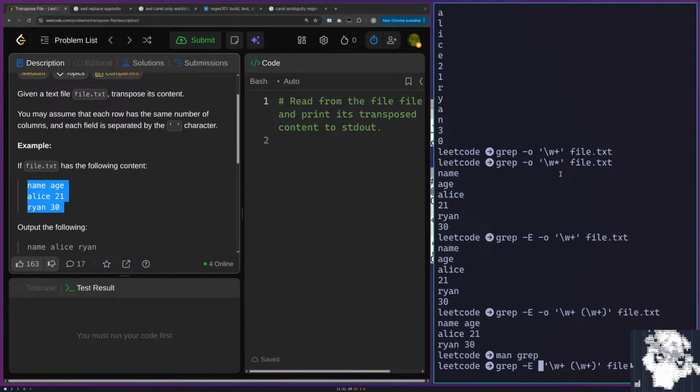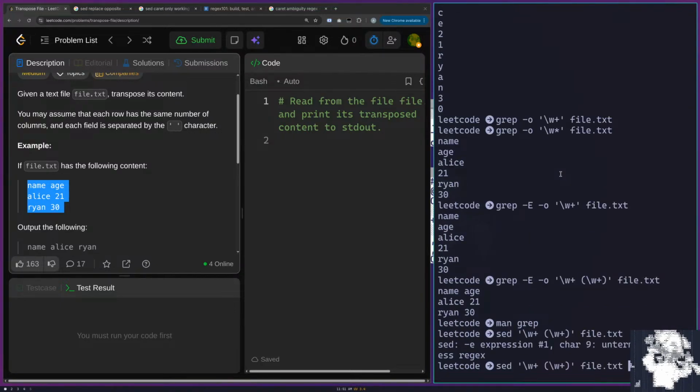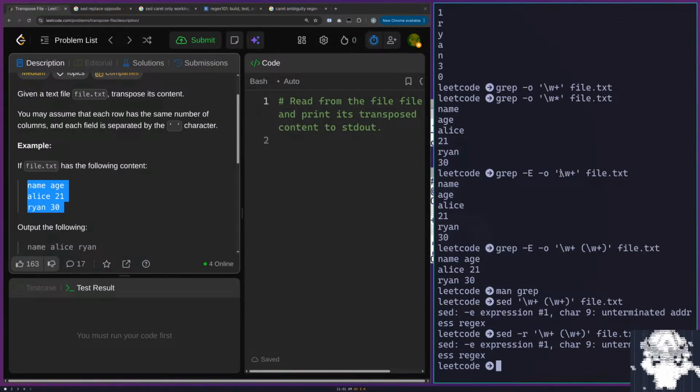So if we do sed, we want to do -r so that we don't have to escape all our parentheses. Unterminated address regex. I don't know what that means.